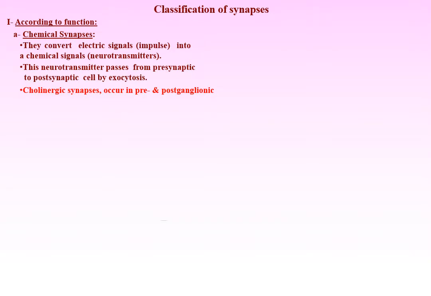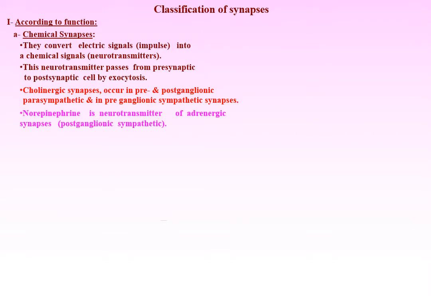Classification of synapses. Synapses are classified in different ways. According to function, synapses are classified into chemical synapses, which convert electric signals or impulses into chemical signals that pass from presynaptic to postsynaptic cells, as in cholinergic synapses, which occur in pre- and post-ganglionic parasympathetic and in pre-ganglionic sympathetic synapses.